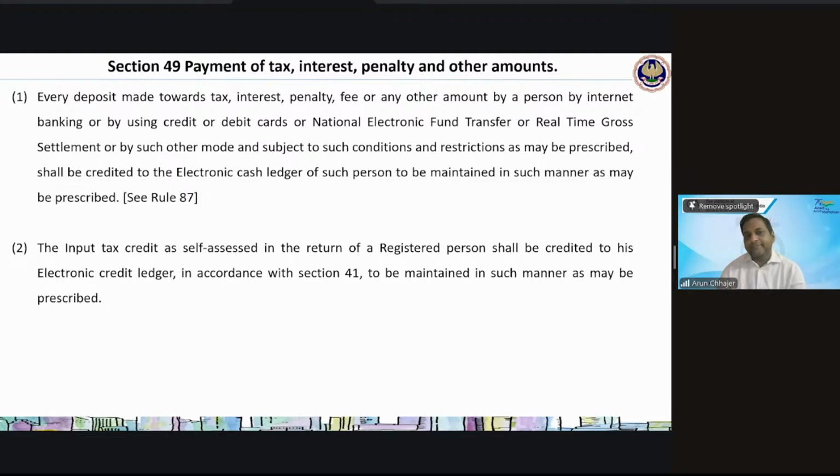Every deposit made toward the tax, interest, penalty, fee, or any other amount by internet banking, credit card, debit card, NEFT, RTGS, or by any other mode, as may be prescribed, shall be credited to the electronic cash ledger to be maintained in such manner as may be prescribed.